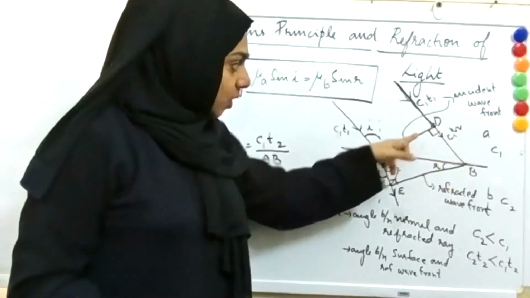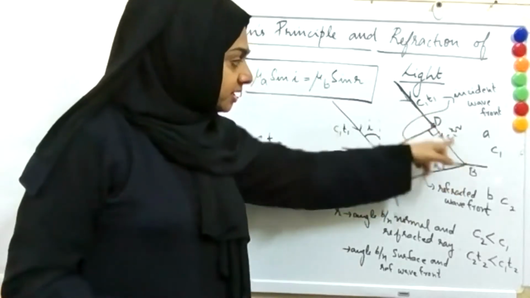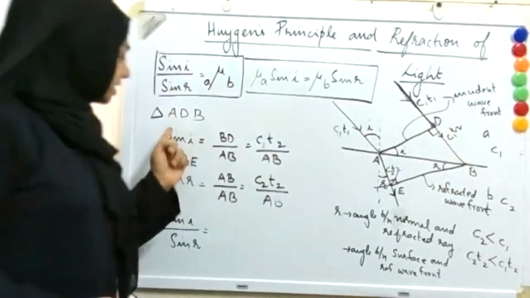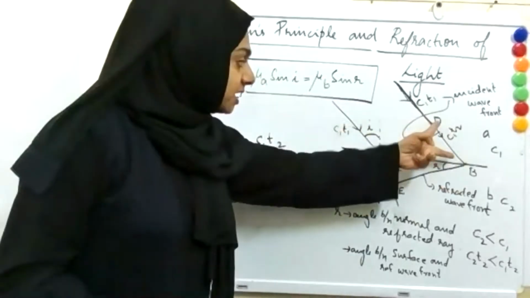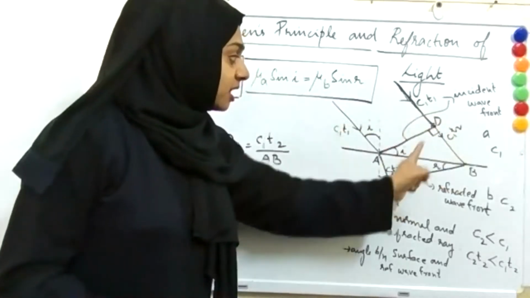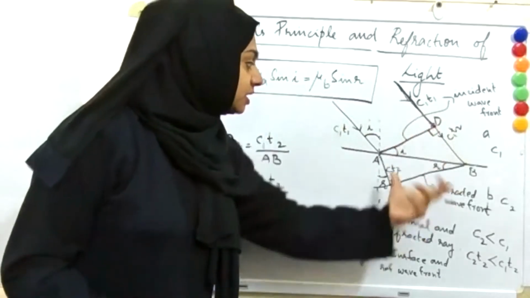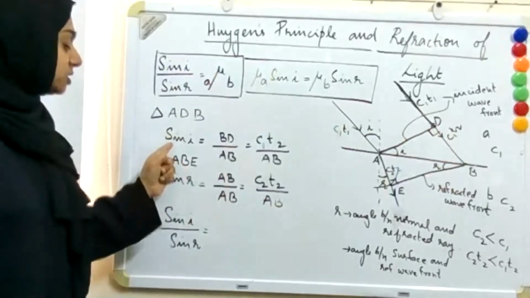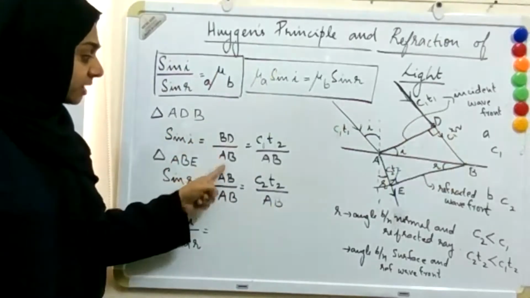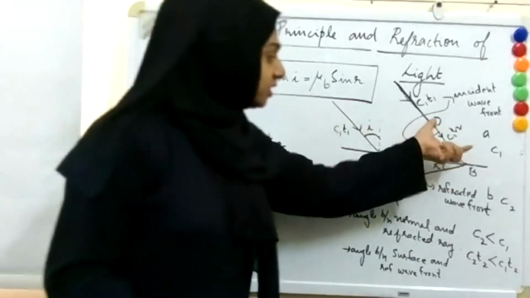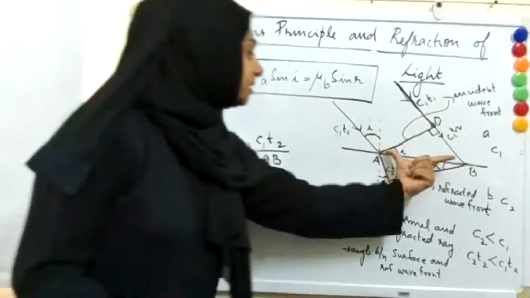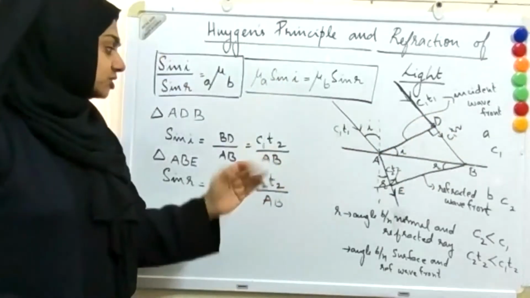And for i, the opposite side is BD. So sin i will be equal to BD divided by the hypotenuse, which is opposite to this 90 degrees, that is AB. So I got sin i is equal to BD by AB, and BD we know is c1 t2, and AB I have kept as such.